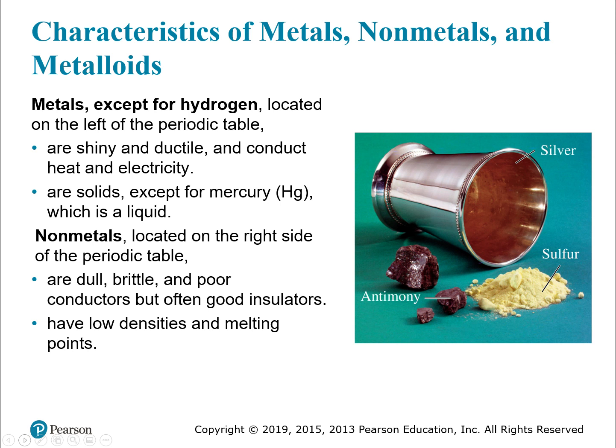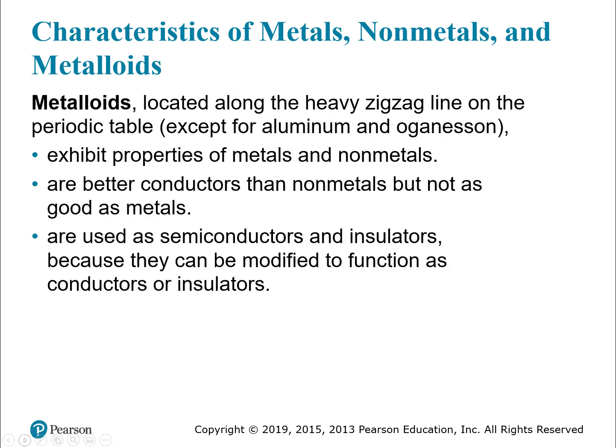Metals are ductile, you can work them with a hammer. Nonmetals, they're brittle. You try to hammer them out, they'll break. They're poor conductors, whereas metals are good conductors. So if you can memorize one set of characteristics, then you can know that nonmetals are the opposite. Metalloids, which are the ones along that zigzag line, and they were green on your periodic table.